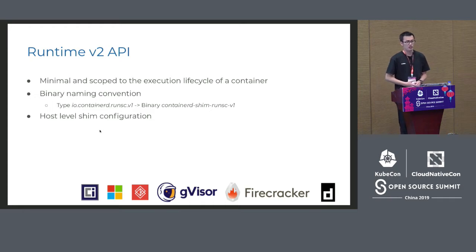So now we have the Runtime API. If your own container runtime can implement the API, it's okay. The API is a binary, so your binary should also follow the naming protocols, so that when you start your server, the server can be found.